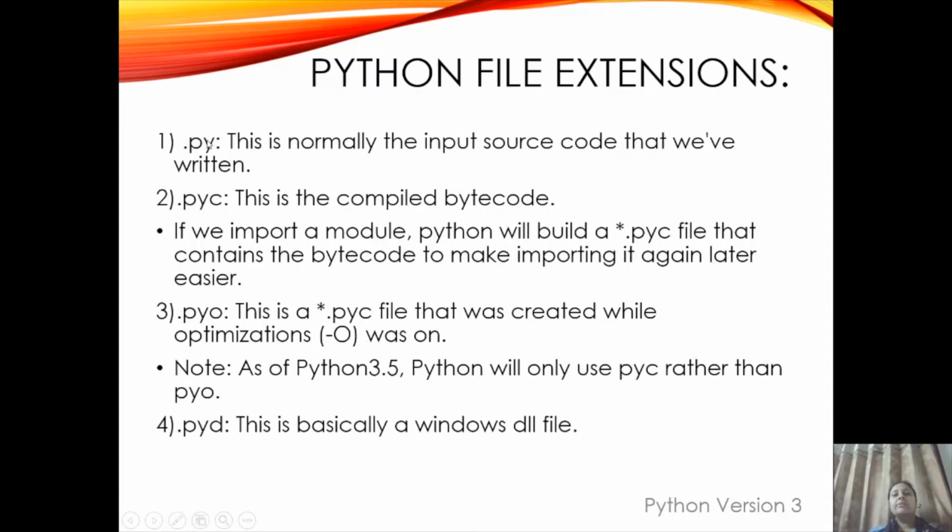These are the different file extensions: .py, .pyc, .pyo and .pyd, and one more extension, .ipynb. IPython notebook, okay, so this is mainly the extension for the Jupyter notebook. .py is the extension of the Python tool.